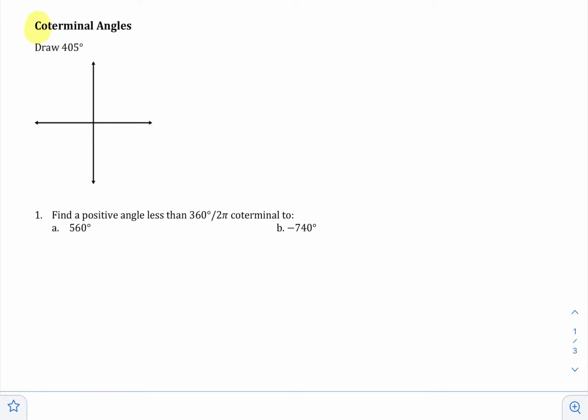So we want to draw 405 degrees. Now, 405 degrees is more than 360, which means that you have done 360 degrees. And if I take away 360 degrees from 405, that leaves me with 45. So that will put me directly into quadrant 1, right here.